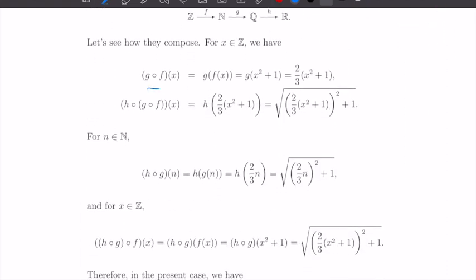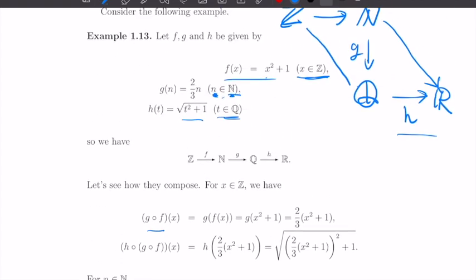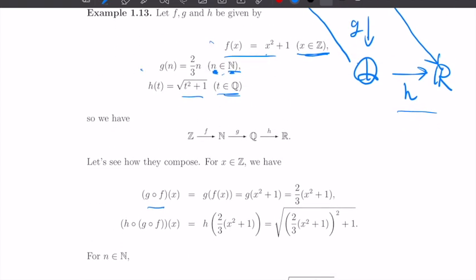So g after f: if you apply f, you get x squared plus 1, and from this we have this. You know, x is an integer, but it's squared here, so it's positive. So a positive integer plus 1 should be a natural number.